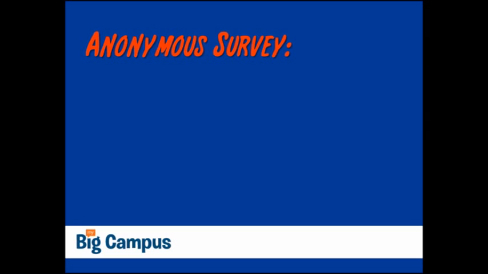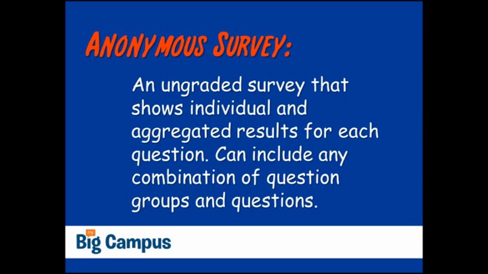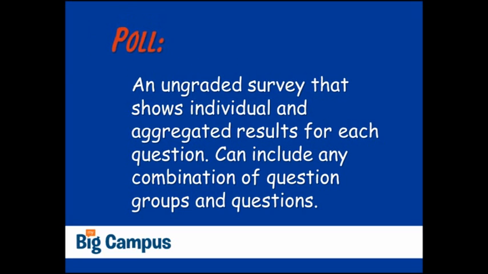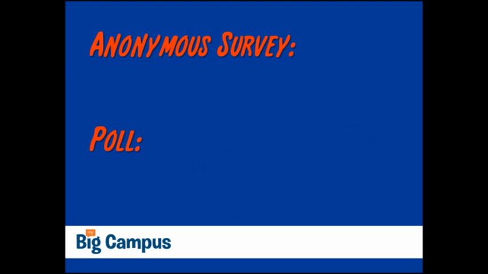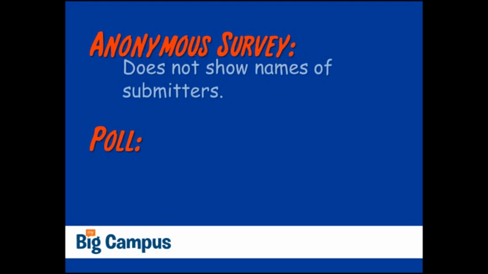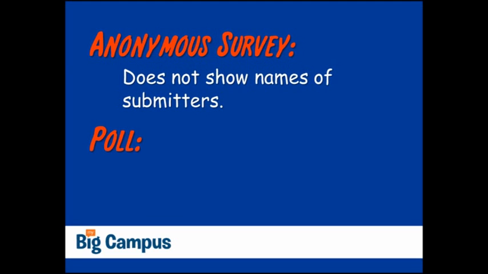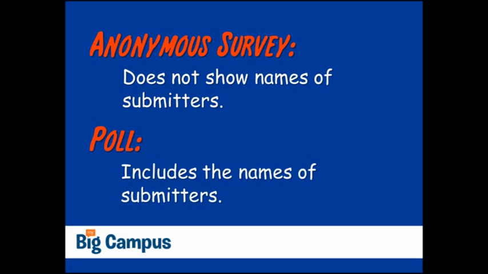An anonymous survey is an ungraded survey that shows individual and aggregated results for each question. An anonymous survey can include any combination of question groups and questions. A poll is the exact same. But the difference between an anonymous survey and a poll is that, of course, an anonymous survey does not show the names of the submitters, whereas the poll includes the names of the submitters.